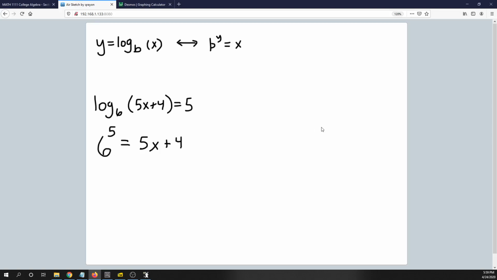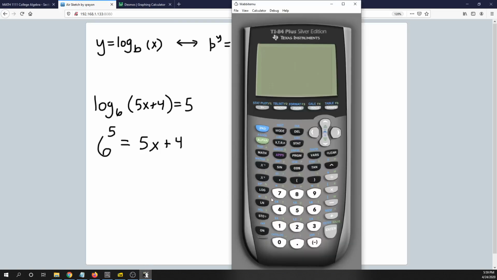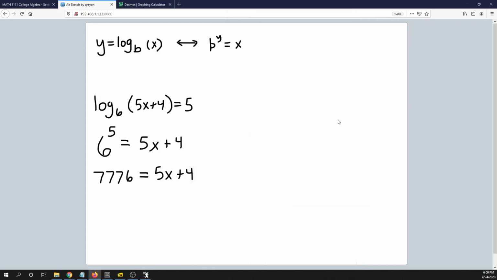All right, and so now you can see that this is pretty much just a regular equation that we are used to solving. We need to get 6 to the 5th power. So that's going to be 7,776, and that's equal to 5x plus 4. So we are just simplifying both sides of the equation here.